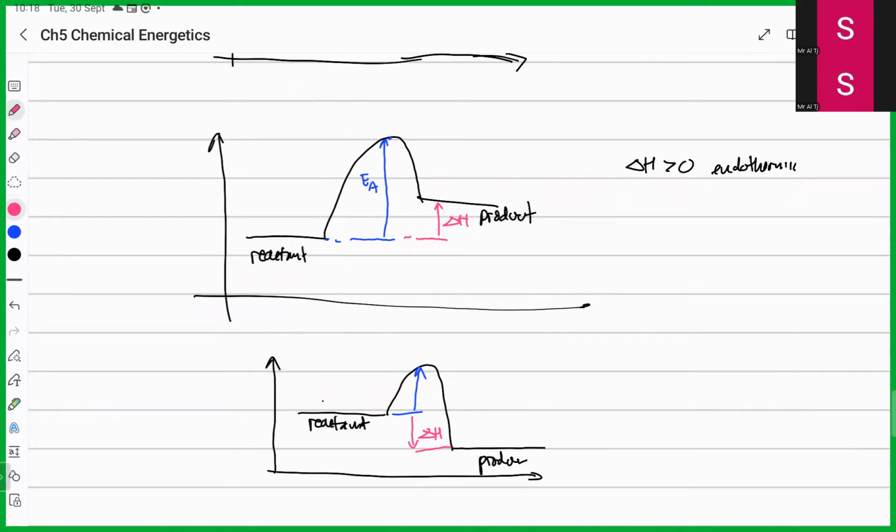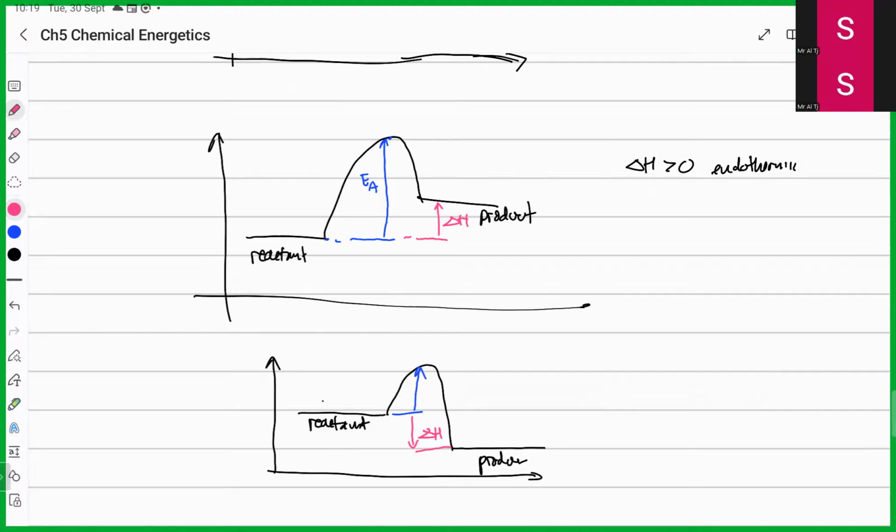The activation energy is the vertical distance from the reactant level to the transition or intermediate level, which is the maximum point in the diagram, while the enthalpy change is the difference from the reactant level to the product level. Enthalpy change can be positive when the product is higher, and negative when the product is lower compared to the reactant.